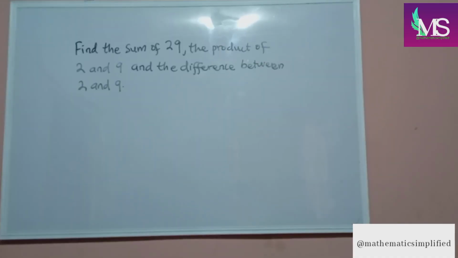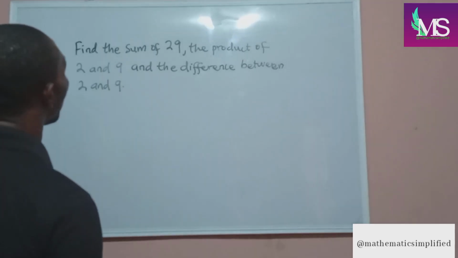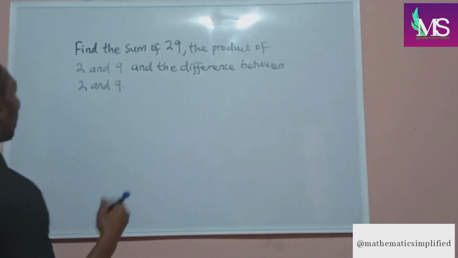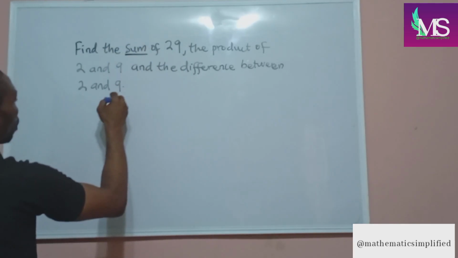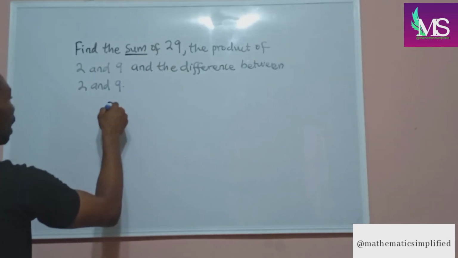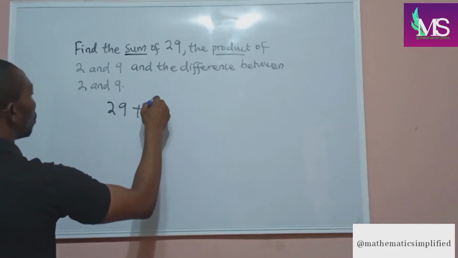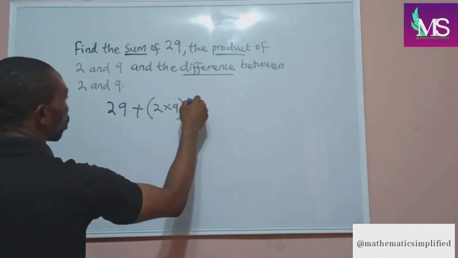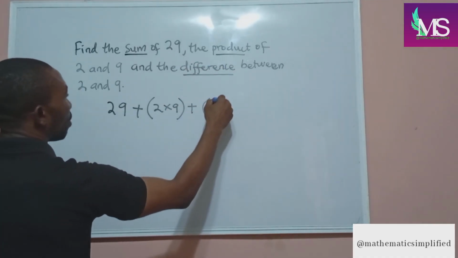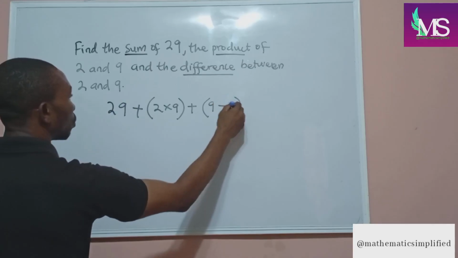Our next question says, find the sum of 29, the product of 2 and 9, and the difference between 2 and 9. Now, considering our statement, we have sum, which is addition. 29 plus product, which is multiplication, 2 times 9, and difference, which is subtraction, plus 9 minus 2.